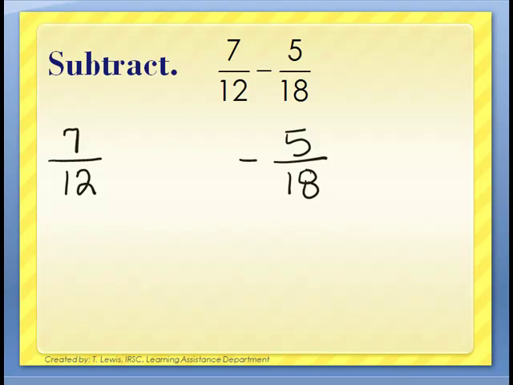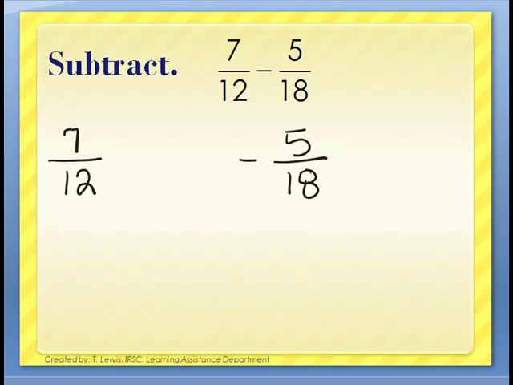Well, we want to make both denominators equivalent or identical. So let's find the LCD. Now, one way of finding the LCD is writing the prime factors for 12 and 18, or we can list the multiples of 12 and 18. Either way, they're going to work. You're going to be able to find the LCD.